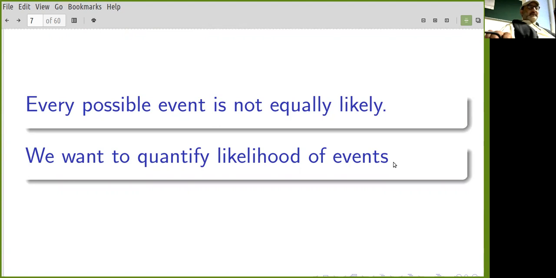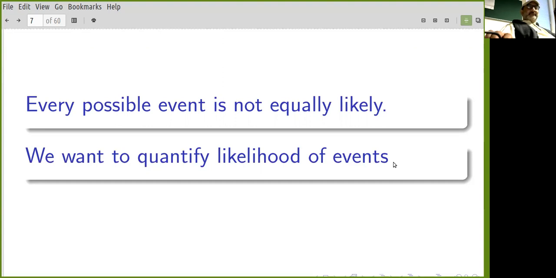Okay, so if an event is absolutely unlikely, if it cannot possibly happen, then we would assign it a probability of 0. And if the event is certain, we would assign a probability of 1. Okay, and we need ways of assigning probabilities that are in between.